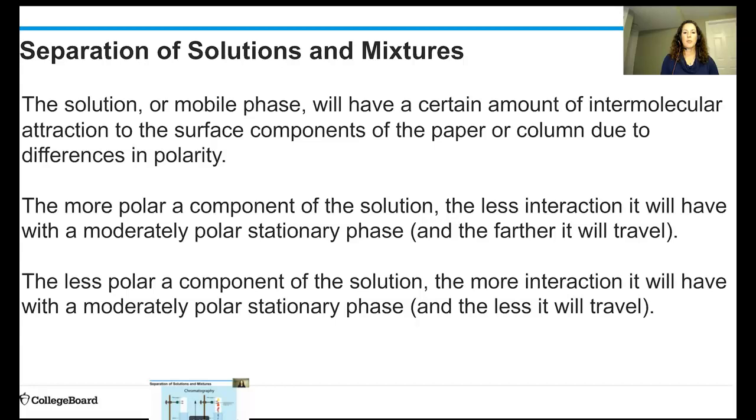So you have the solution, which we call the mobile phase because it's moving, and then you have the paper column, which is the chromatography part. The more polar a component of the solution is, the less interaction it will have with the moderately polar stationary phase. So there's a difference in polarity between the paper and the solution. I'll show you this so you know what I'm talking about.